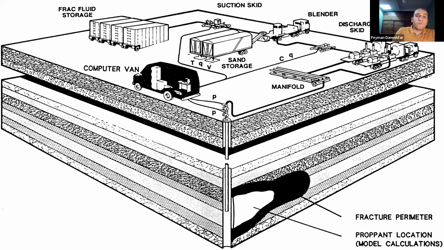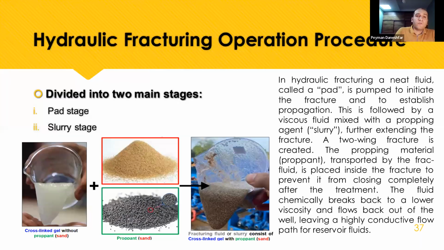What is the hydraulic fracturing procedure? Hydraulic fracturing procedure is divided into two stages: pad stage and slurry stage. In a field, we call the slurry stages the PLF stages. What is the pad stage?